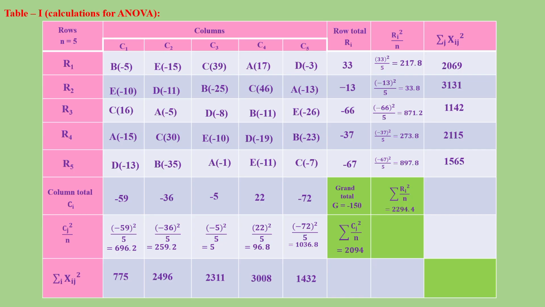So total sum of the squares: double summation Xij square. You have to add either row sum of squares or column sum of squares, so you will get the same total. So double summation Xij square is equal to 10022. Then correction factor G square by N is equal to 900.